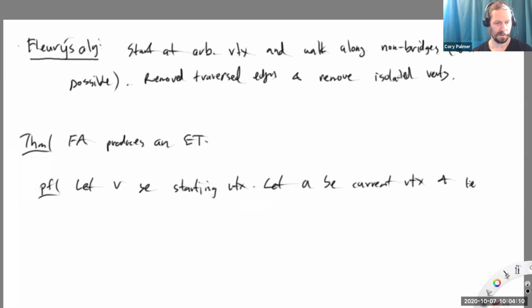Okay, and let H be, let's say, the remaining graph, at the step we're at. So H is whatever is left after performing the steps that arrived us at u, right? So we removed some edges potentially, and potentially some vertices if they became isolated.